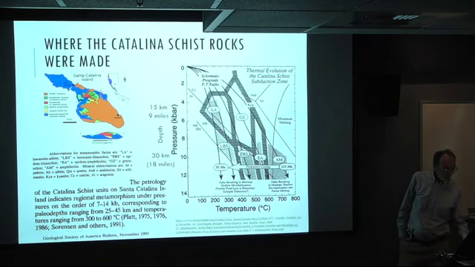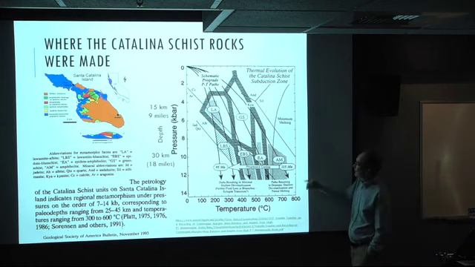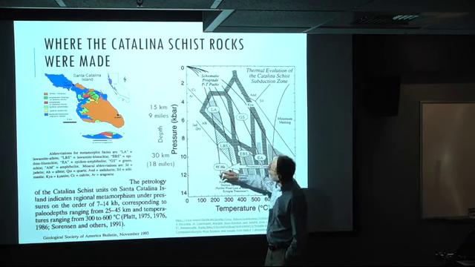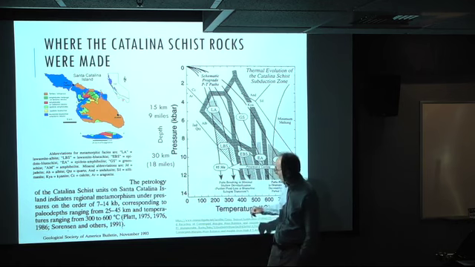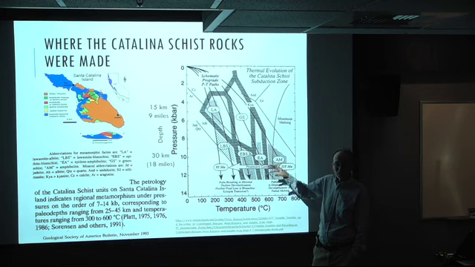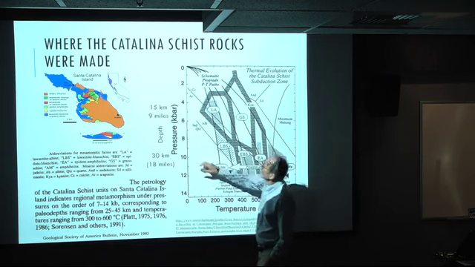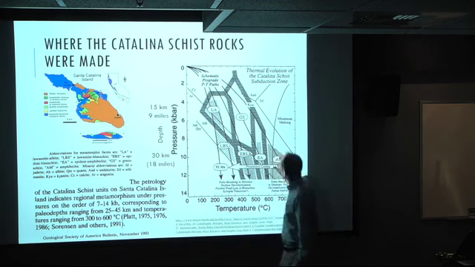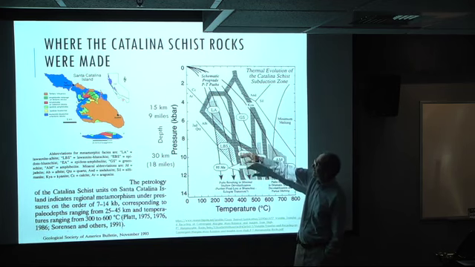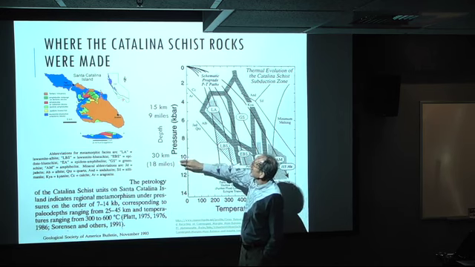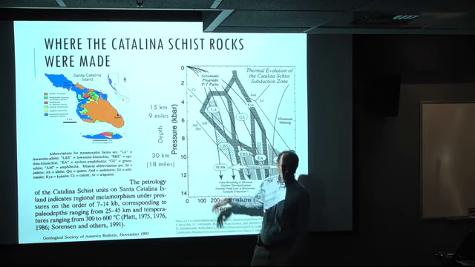All right, so they've studied the minerals in the Catalina schist, and doing chemical studies, they plotted the temperature that the minerals are stable at versus the depth or the pressure. And they found that all the minerals on the island of Catalina, in the blues and the reds and the greens up there, were formed at depths of 10 to 20 to 30 miles.